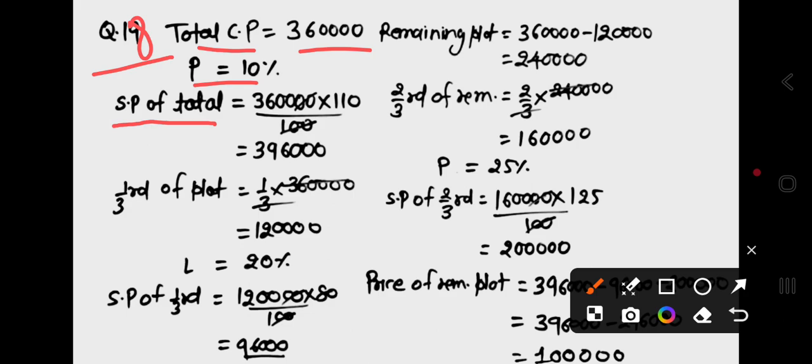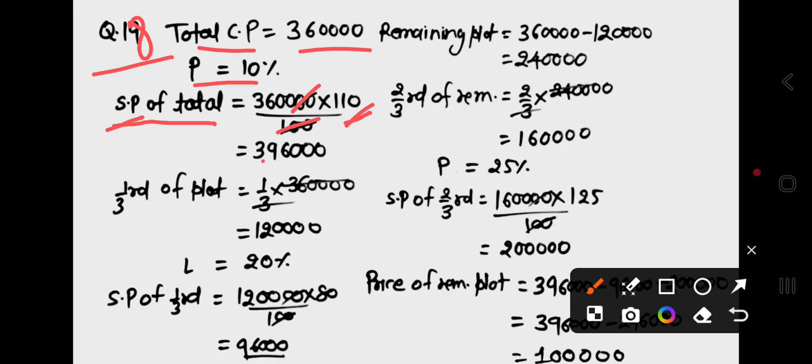So total SP of the plot will be 3,60,000 into 110 upon 100, because we will apply the formula of SP here. As you know, SP is equal to CP into 100 plus gain percent upon 100. So 100 plus 10 here will be 110 upon 100. 20 will be cancelled out. If you multiply it, 11 6 is 66, 11 3 is 33, and 6 will be 39.